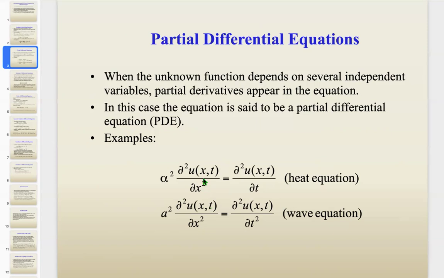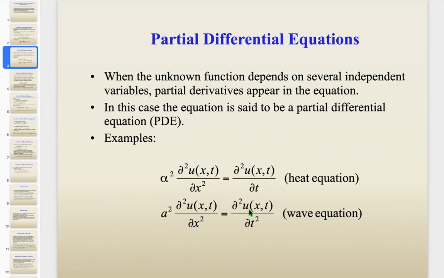In the heat equation, u represents the temperature in a medium, x usually represents position, and t represents time. So u of x and t tells you the temperature in the medium at position x and time t. It's beyond the scope of this course to explain why this equation models the way heat flows in that medium.